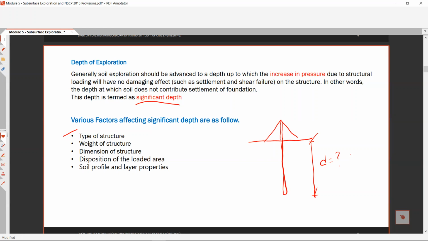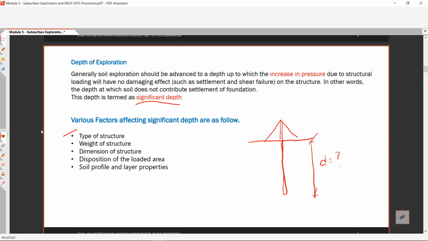That means your basement for 3 floors is 9 meters below, and your depth of exploration is 6 meters, which is not okay since it is even shallower than the height of the building.